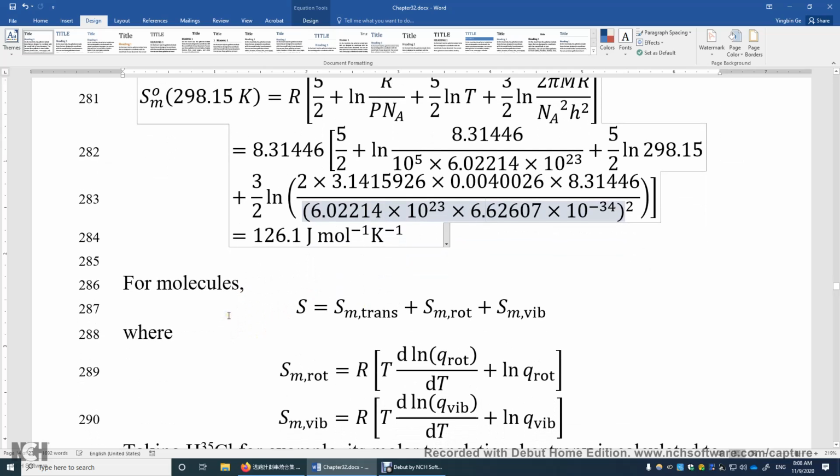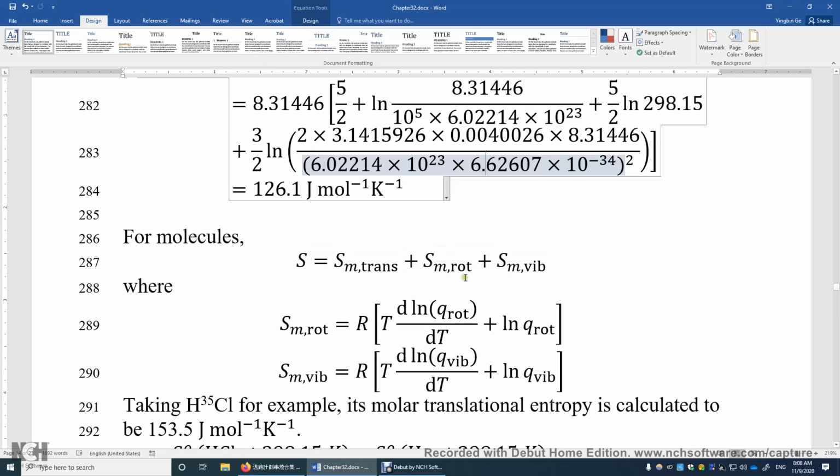If you have molecules, then we need to include the rotational entropy and the vibrational entropy. Again, you can assume the electronic entropy is 0 based on 2 assumptions. Assumption 1, the energy spaces between different electronic states are so large that we can neglect those excited states.